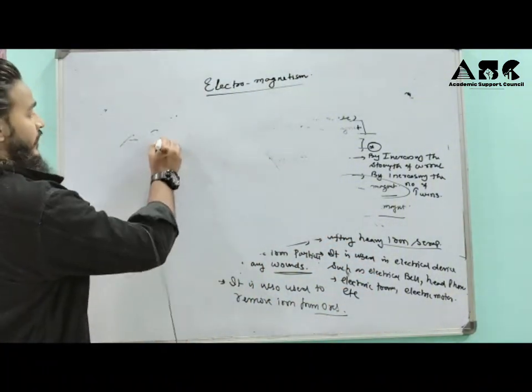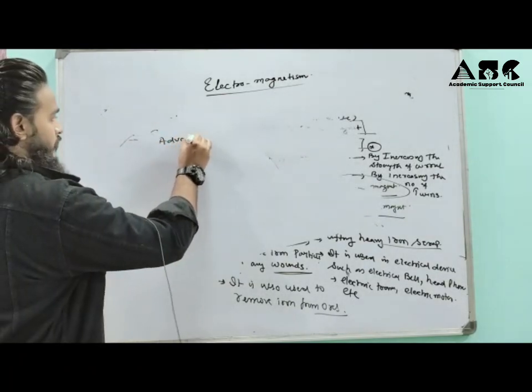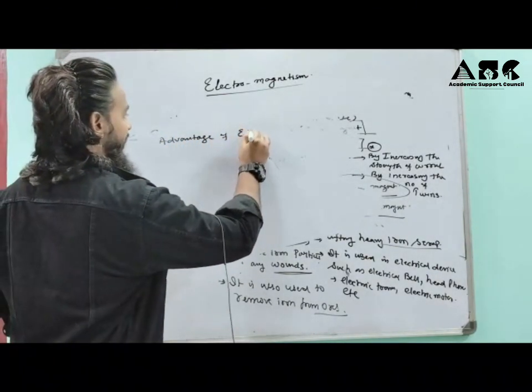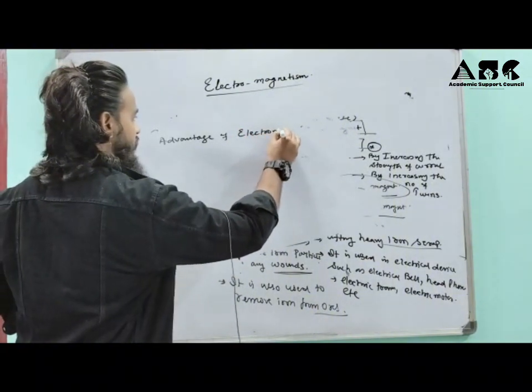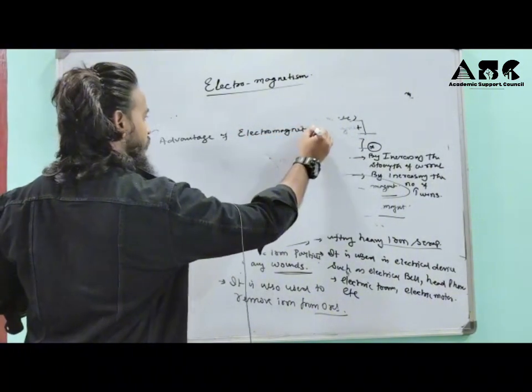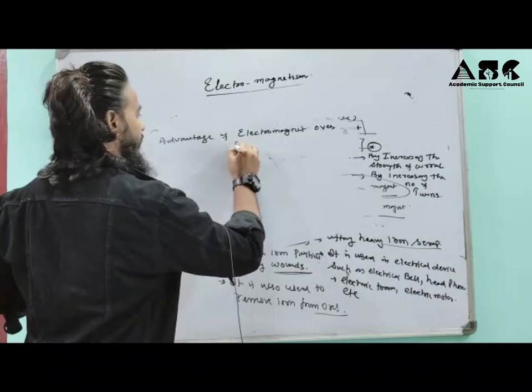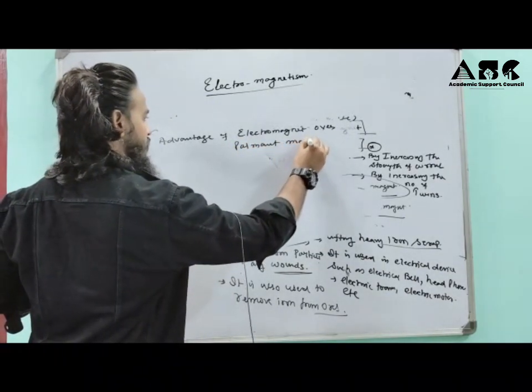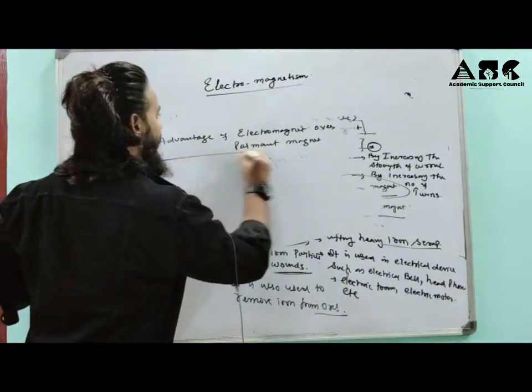So now the point is the advantage of electromagnet over permanent magnet. What is the advantage of electromagnet?